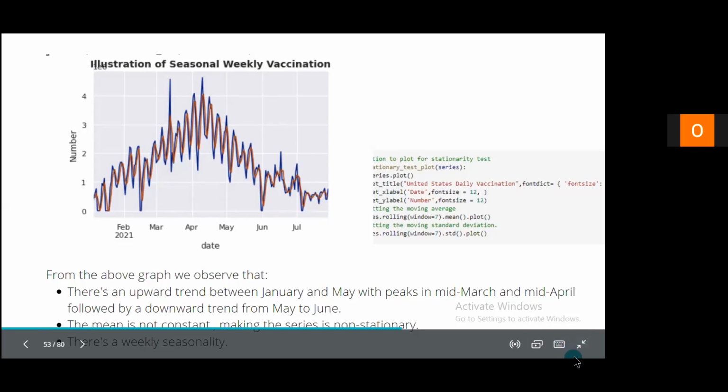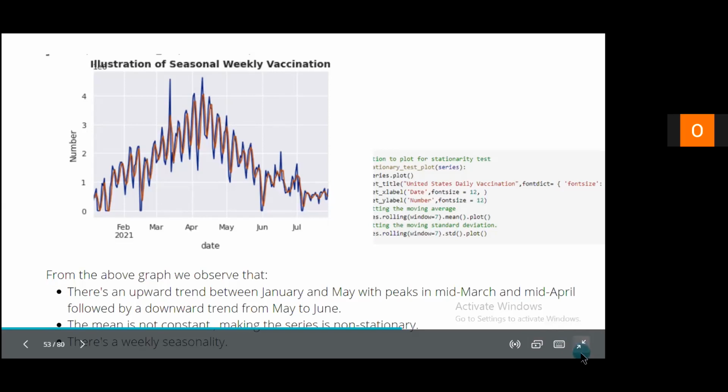So maybe most of the time when people are at work, that's when they get vaccinated, or maybe over the weekends people don't want to get injected. That might be one of the reasons. So we have seen that our data exhibits all these characteristics of time series.